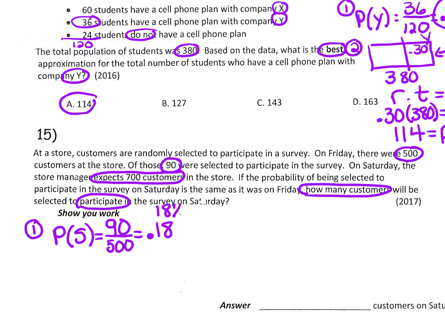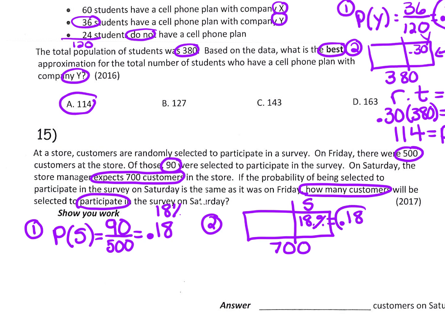So it should be true that on Saturday, of those 700 that are expected to be at the store, please draw a tape diagram, 18% should be expected to be a part of the survey, or 0.18.